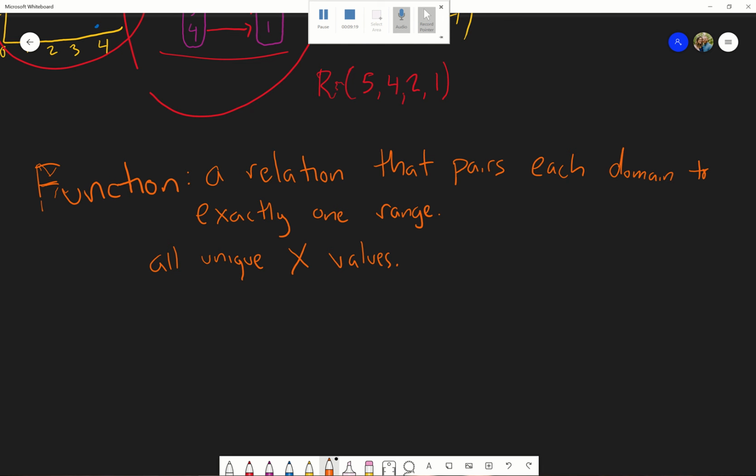And so we're going to be dealing with those, and we're going to know that each function is a relation that has every x value has a unique y value to it. Okay, so I can't have an x value that has more than one y value. That doesn't work. Every x value has to have exactly one y value to it. And then we'll explain what that means.